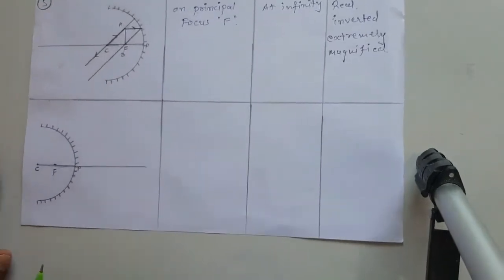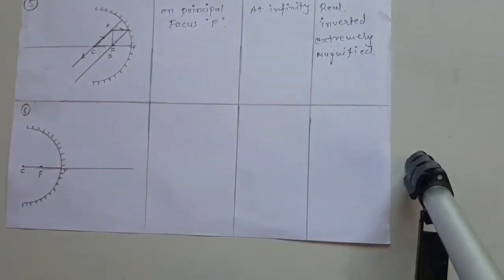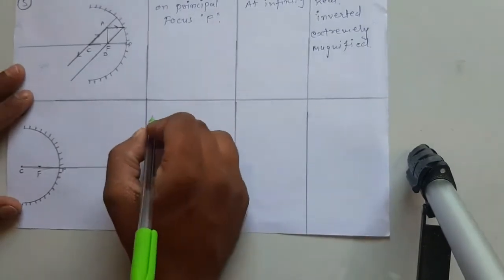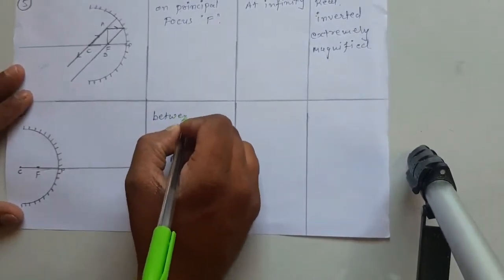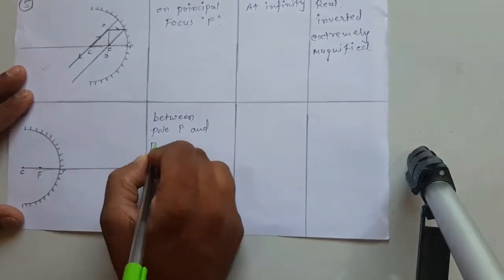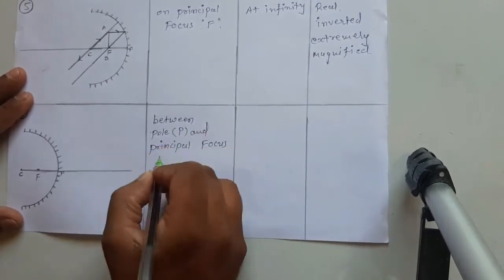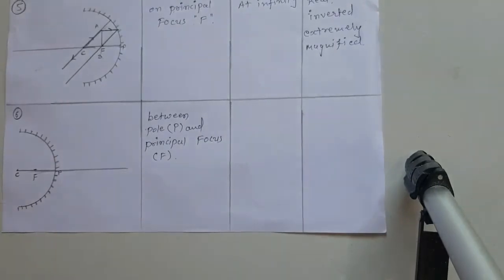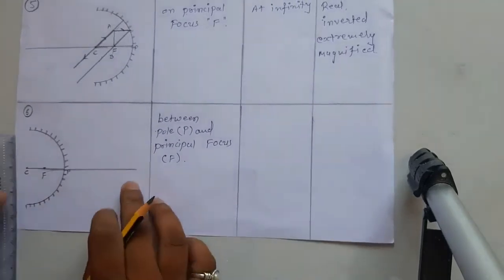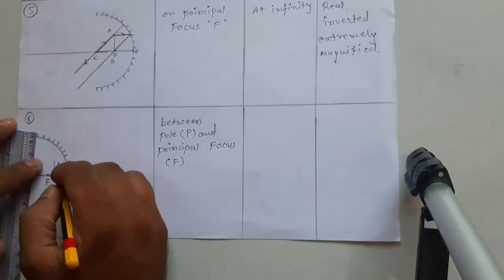Okay, now in the sixth ray diagram, we are going to understand when the object is placed between F and pole P. So when our object is placed between pole P and principal focus F, suppose I am placing my object here as AB.